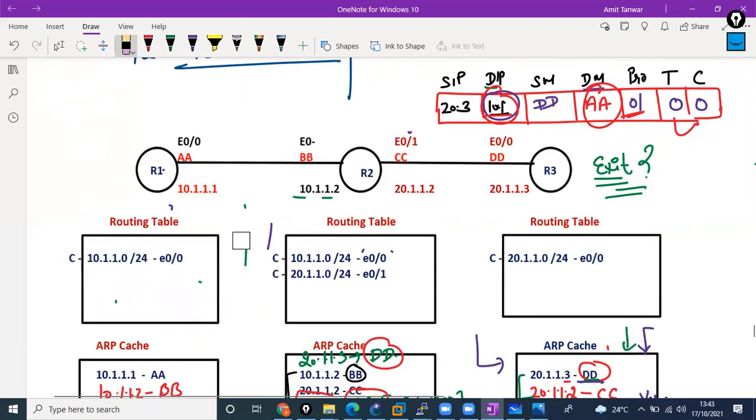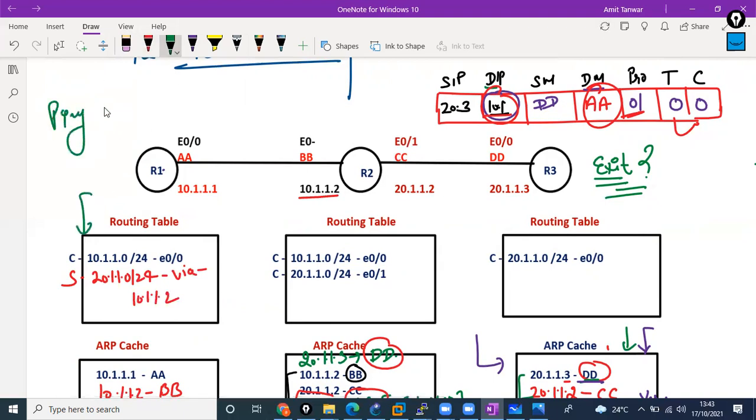Just one more thing, because there are some disadvantages of recursive route lookup. What are those disadvantages? Consider the static route 20.1.1.0/24 via 10.1.1.2. You ping 20.1.1.3. The first lookup asks, do we have any route for the 20 network?